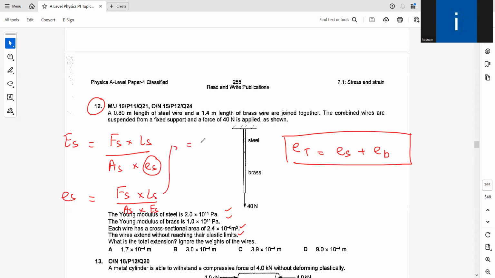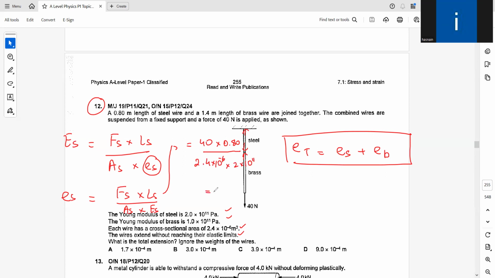Force is going to be 40 newtons, because it experiences the same force throughout. The length of the original steel wire is 0.80, over area, which is the same for both, 2.4 exponent minus 6, times Young's modulus, 2 exponent 11.